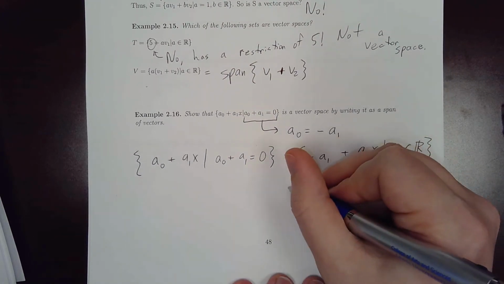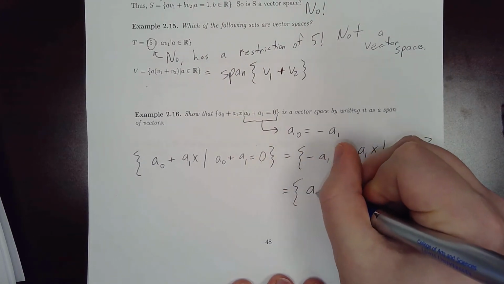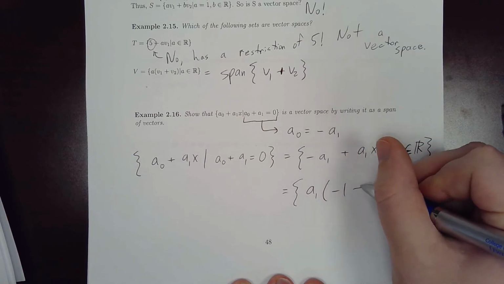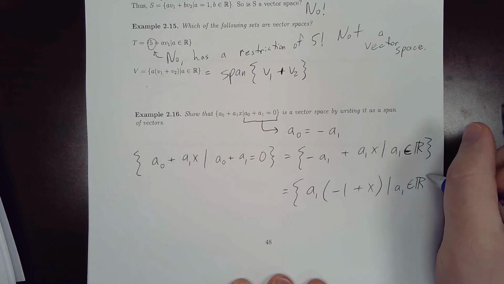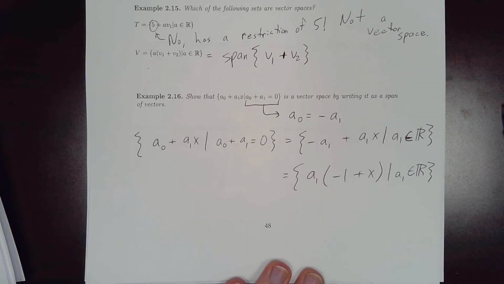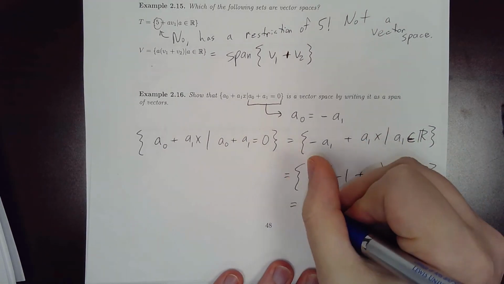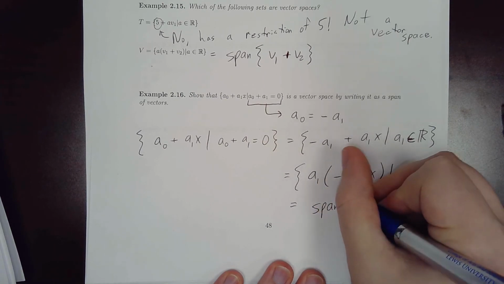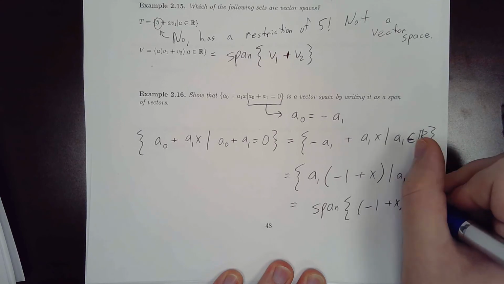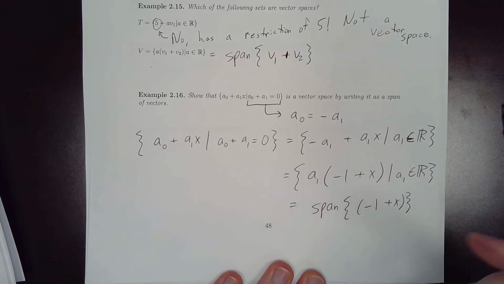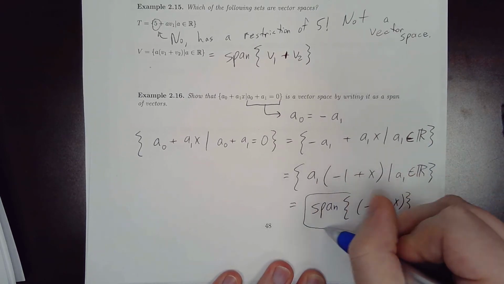We'll then notice that we can factor out the a1 and get negative 1 plus x, where a1 is in the real numbers. And once we get to this point, this is our definition for the span of negative 1 plus x. Don't really need those parentheses there. Do need the squiggly brackets though.